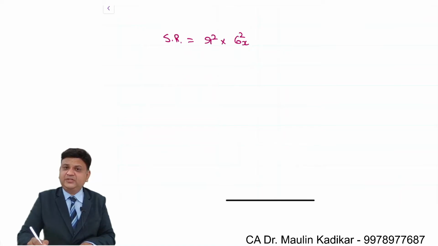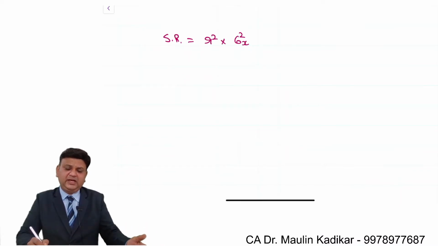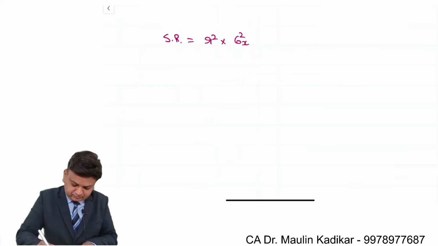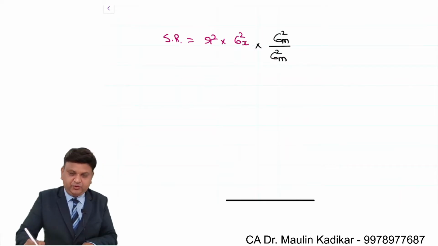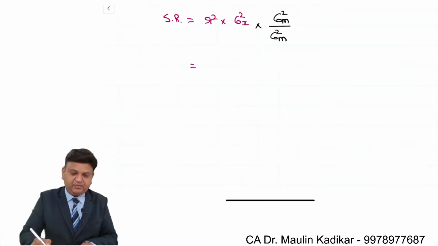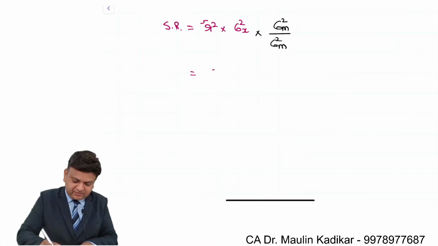For the purpose of derivation of the formula, you can add something or multiply something on both sides, just to keep the equality on both sides. So to derive a new formula, I multiply with the variance of the market portfolio and divide the same by the variance of the market portfolio, both simultaneously, for the purpose of deriving the formula. Now I am rewriting the formula: r square, so I am writing r two times.